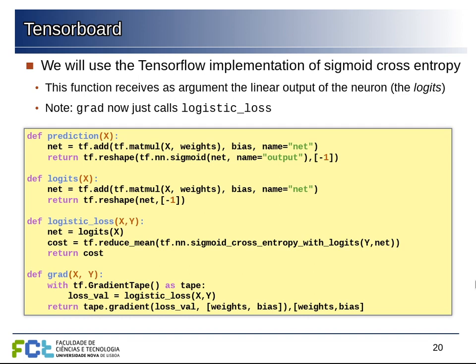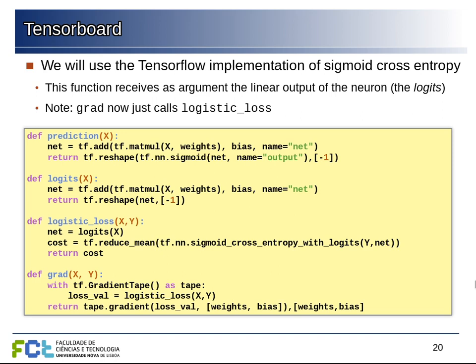So now we need to change a bit the way we implement our network. We have one function for prediction, which includes the sigmoid activation, because when we run an example through the network, we want the probability of belonging to some class. So this is still the same. But now for the logistic loss, we need another part that only gives us the linear part of the neuron without the activation function.